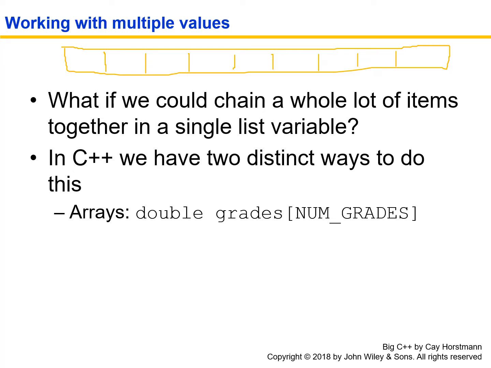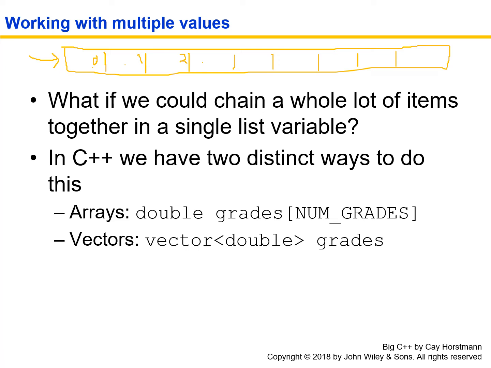And so the array grades might point to this whole block, and then you can have grades at index 0, 1, 2, 3, index 0, index 1, index 2, and so forth, that lets you iterate programmatically through the whole list.